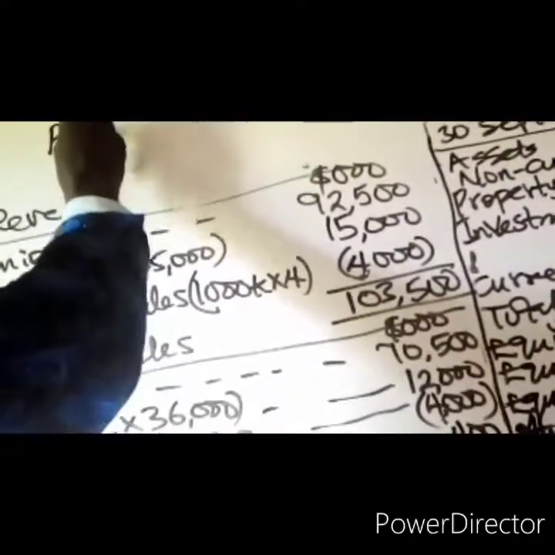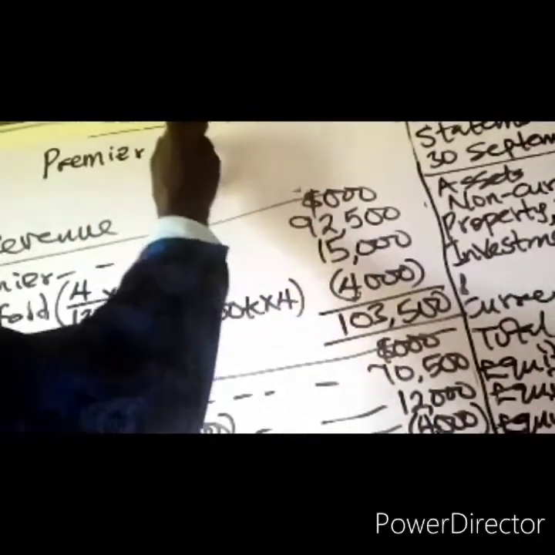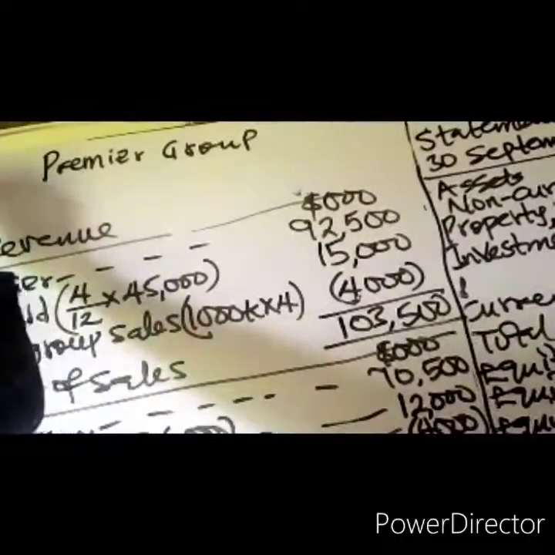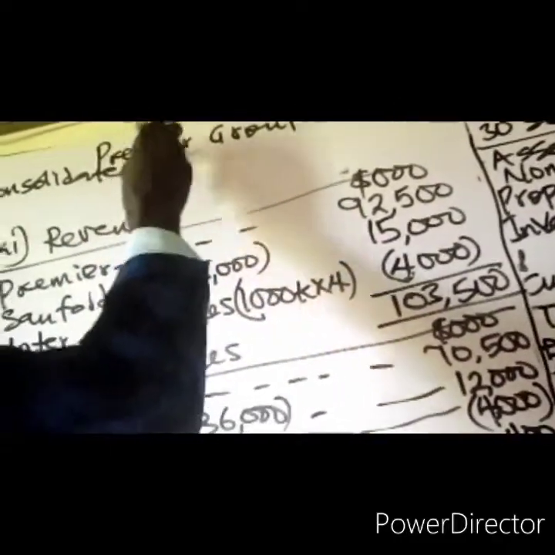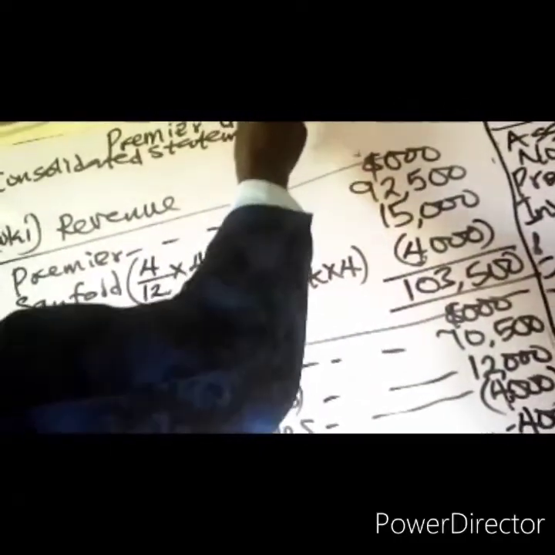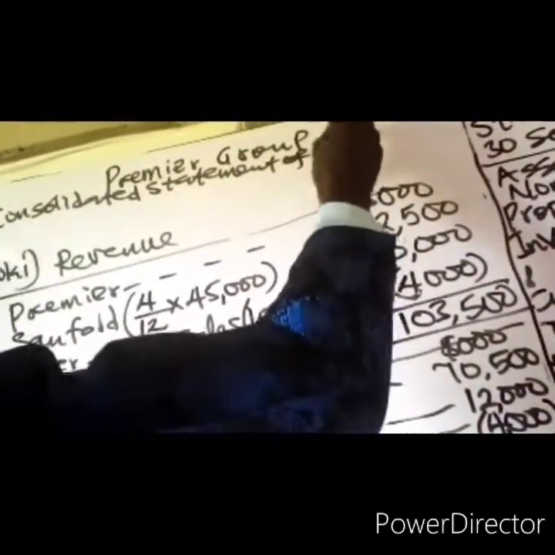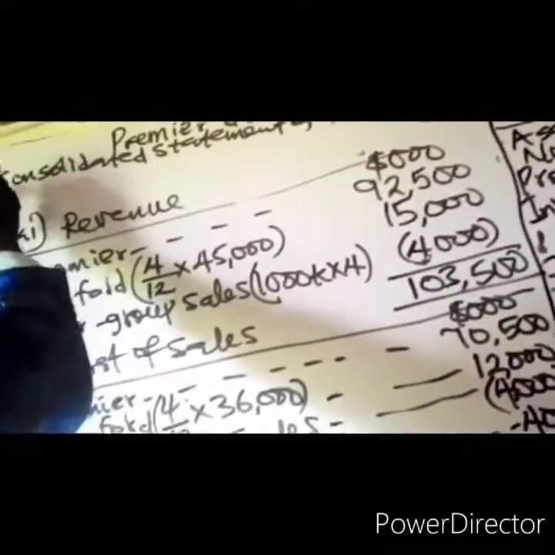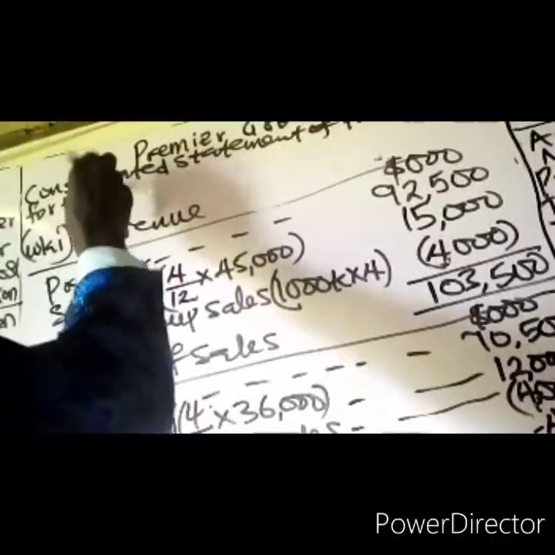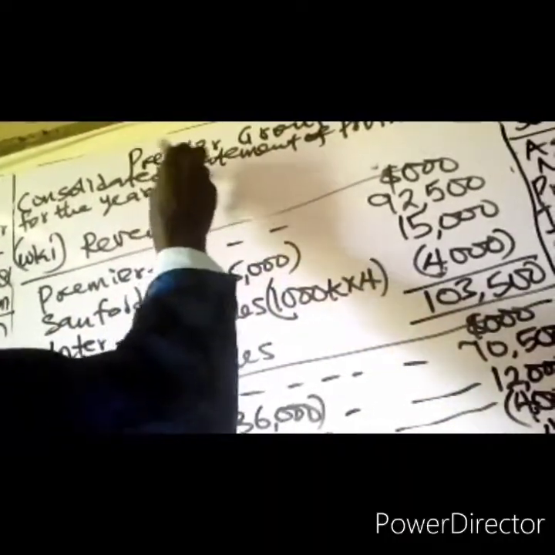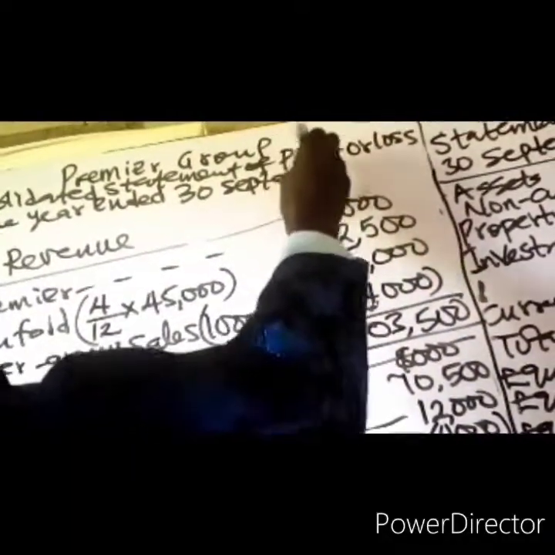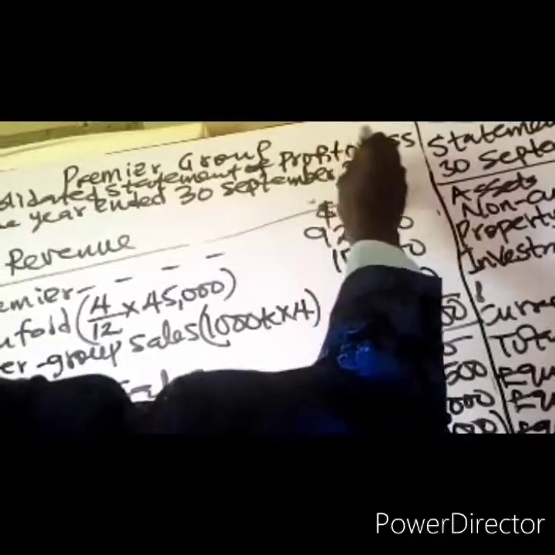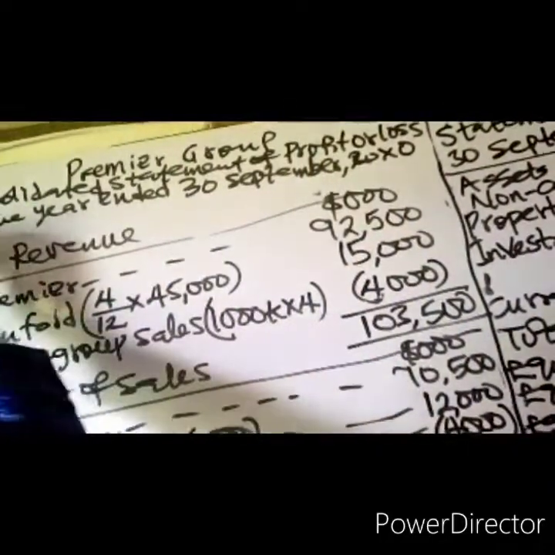Premier Group consolidated statement of profit or loss for the year ended 30 September 20x0.